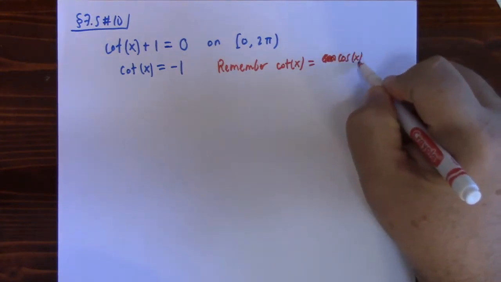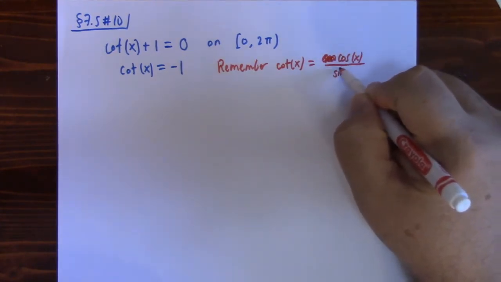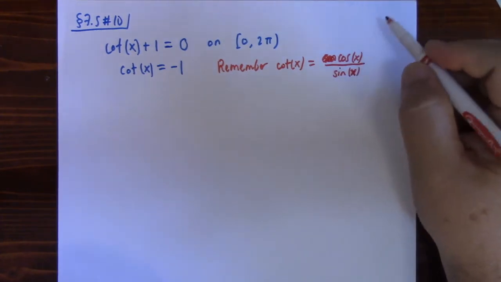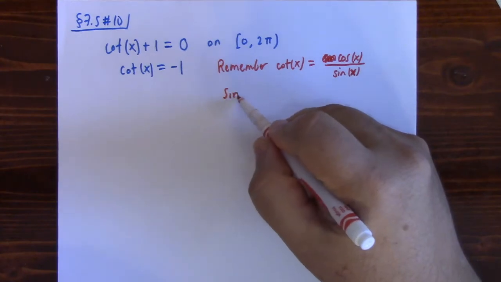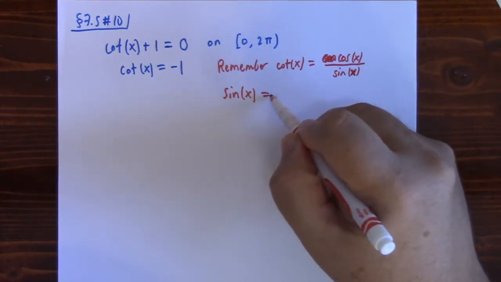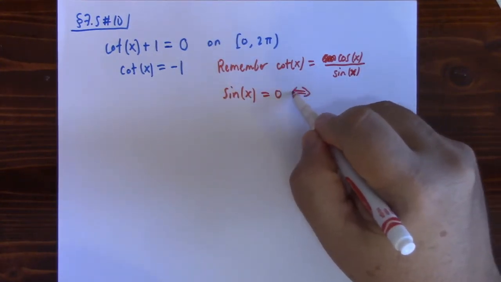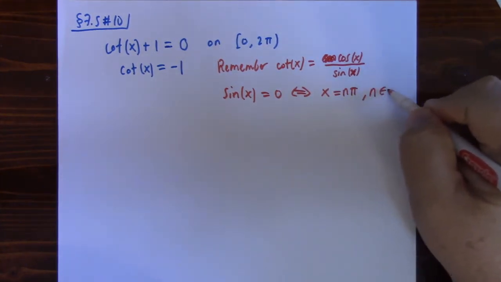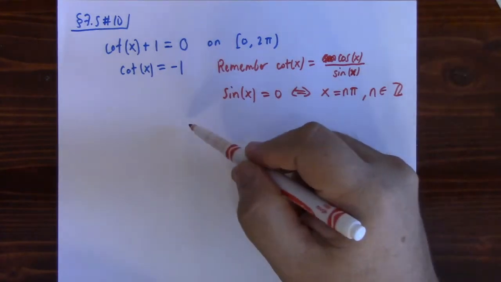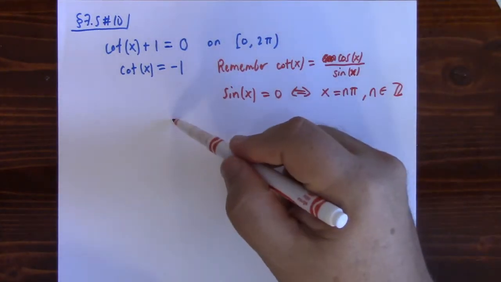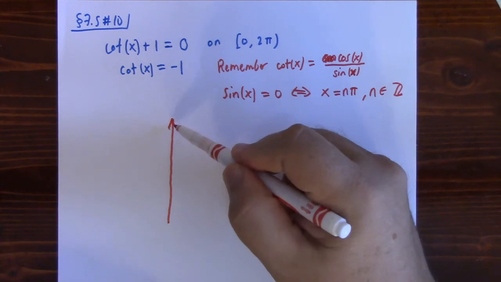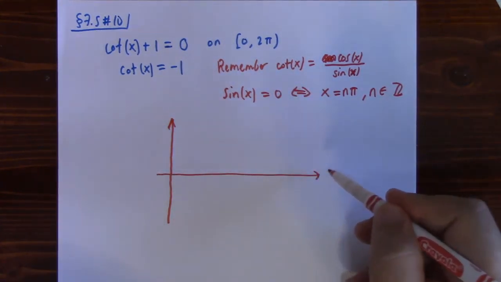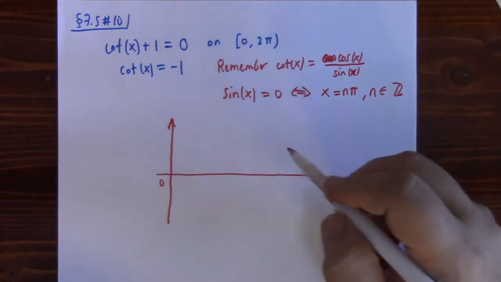Cosine over sine. So the places where cotangent's not defined is wherever sine has a 0, right? So remember, sine of x equals 0 if and only if x is an integer multiple of pi. So if we're just looking at 0 to 2 pi, so 0, and then over here to 2 pi.